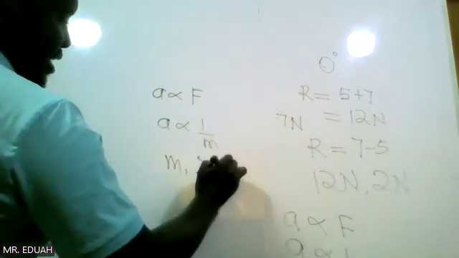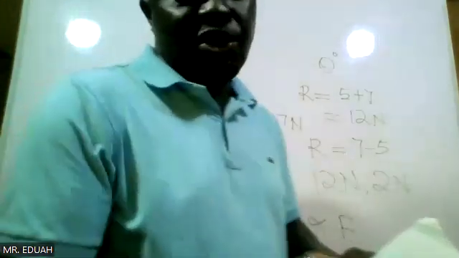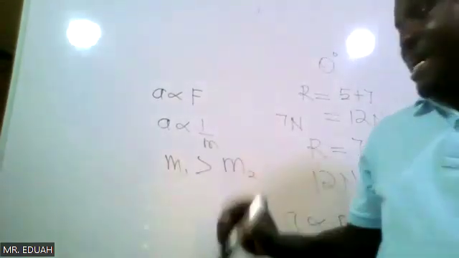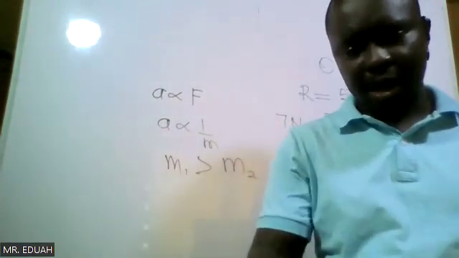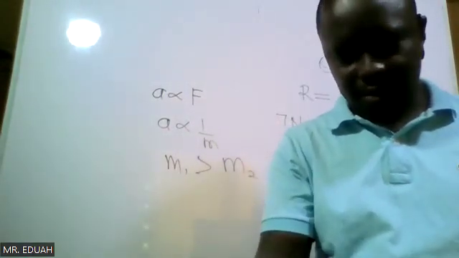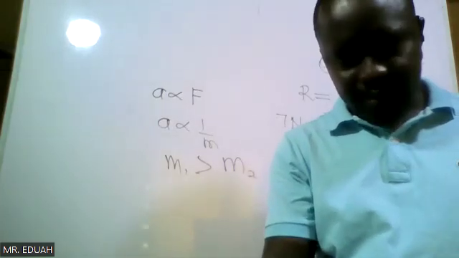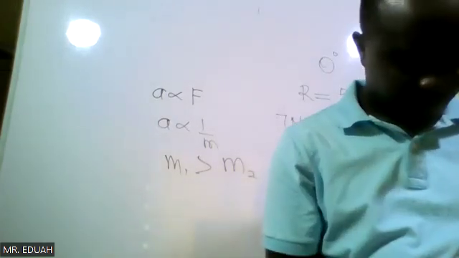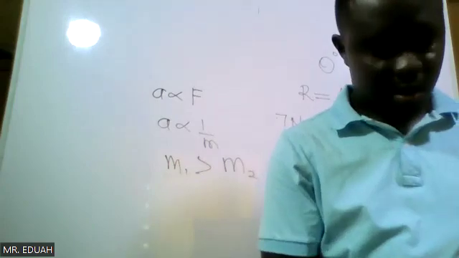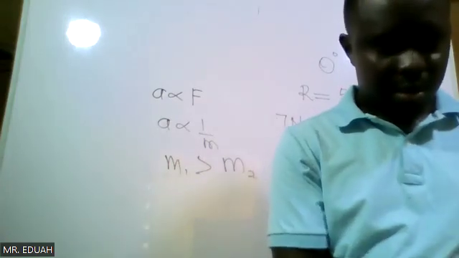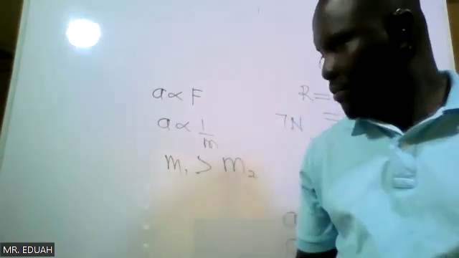Mass one is greater than mass two. We have the same force acting on all of them. What will be the acceleration of them? Yes, anybody? Okay, Erefua. Please, the acceleration of mass 1 will be greater than the acceleration of.